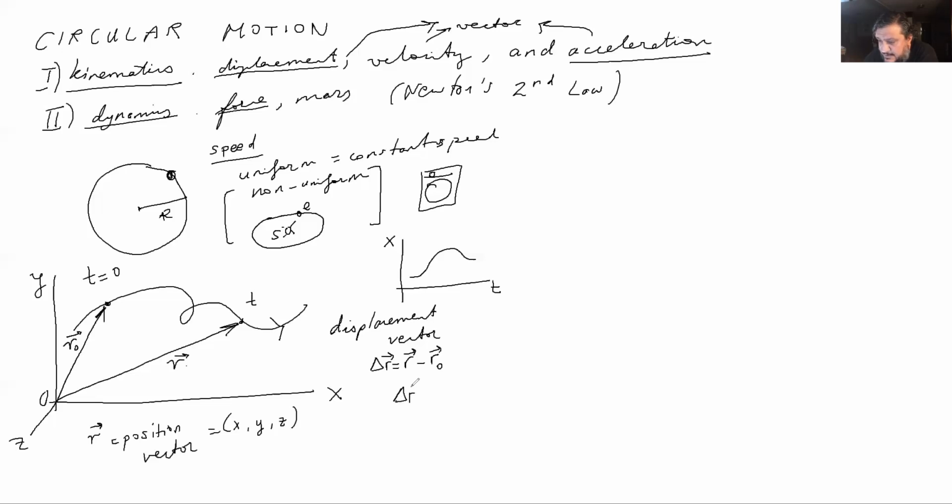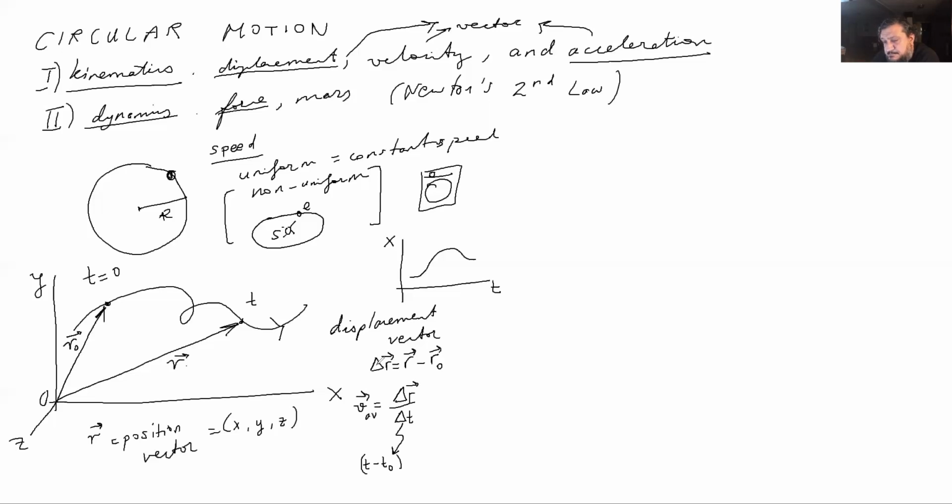Well, you can divide it by delta t. This vector, delta R, is a displacement vector. We divide it by a scalar, which is delta t, simply t minus t naught. That's the time interval we're talking about. So this ratio, this rate of change of position, we call the average velocity, which is also a vector.